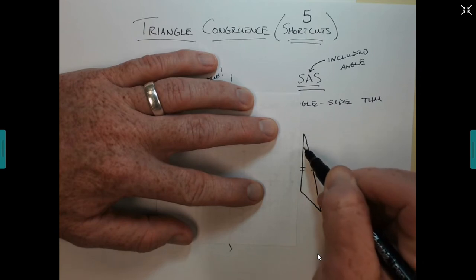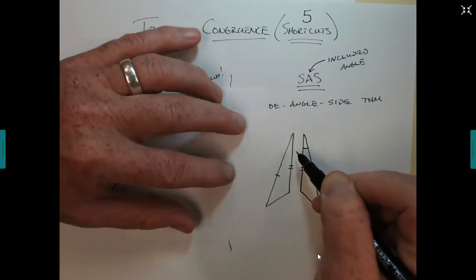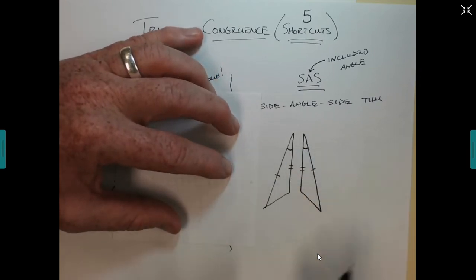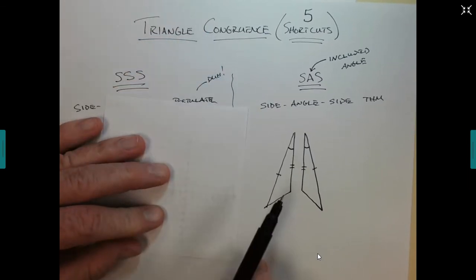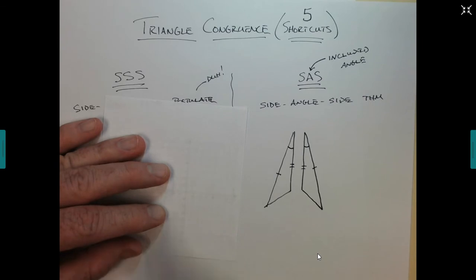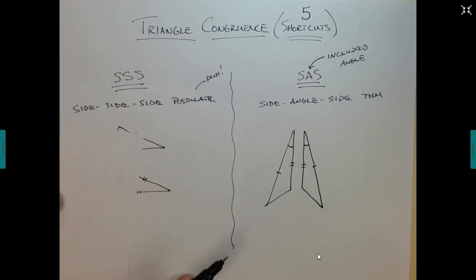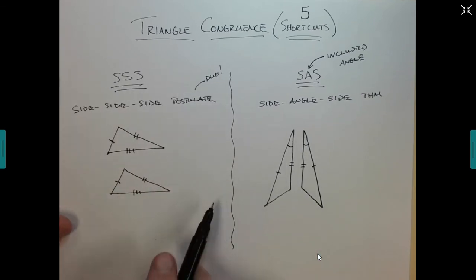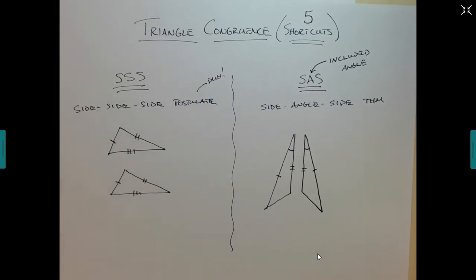The angle in between would be right here. If I knew that this angle was congruent to this one, in each triangle I now have side, angle, side. If this much I know, then I am guaranteed congruent triangles. Okay? These are 2 of the 5 shortcuts.